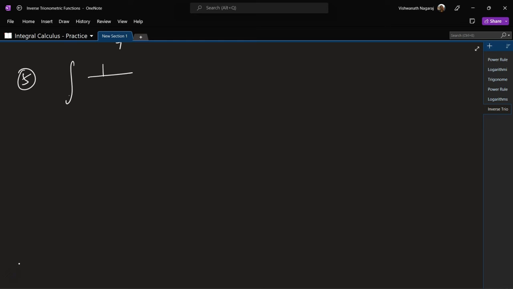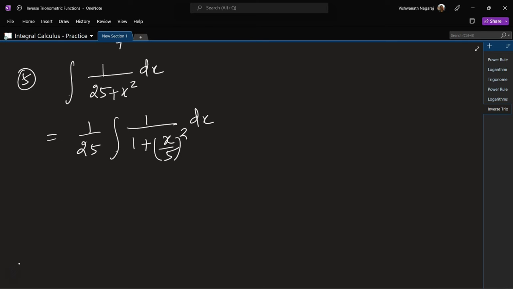integral of 1 by 25 plus x squared dx. Again, we know that this is tan inverse. So let's bring it to that form. We get 1 by 25, 25 we have taken out. So we get 1 by 1 plus x by 5 square dx.